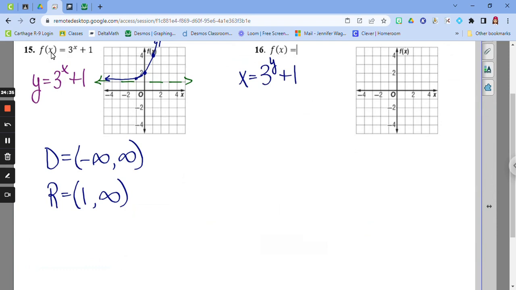In order to solve for y, I need to subtract 1, so that I have x minus 1 equals 3 to the y. Rewriting that as a logarithm, that's going to be log base 3 of x minus 1. That's what goes into Desmos.